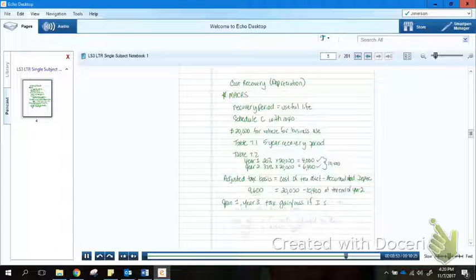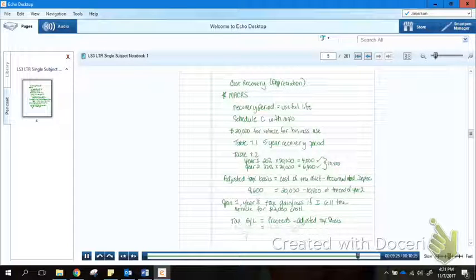if I sell the vehicle for $12,000 in cash. Okay. So tax gain loss equals the proceeds minus the adjusted tax basis. So proceeds, that's what you're going to receive in exchange for what you're giving up.